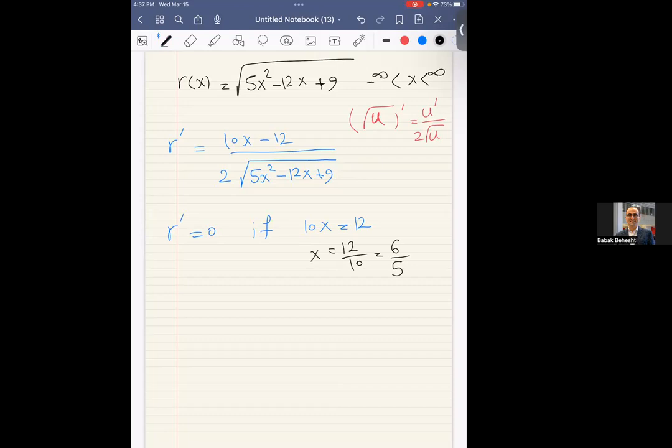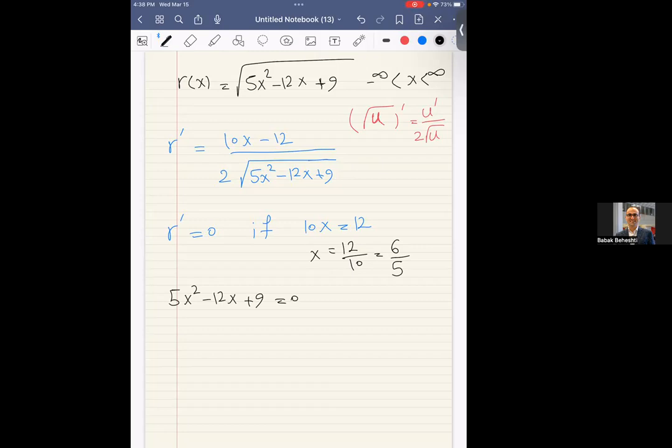How about, is there any point at which r prime doesn't exist? So that means here, basically, are there any points for which this denominator would be 0? So for instance, are there any x so that 5x squared minus 12x plus 9 is equal to 0?